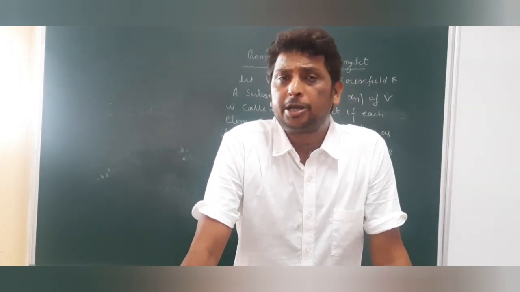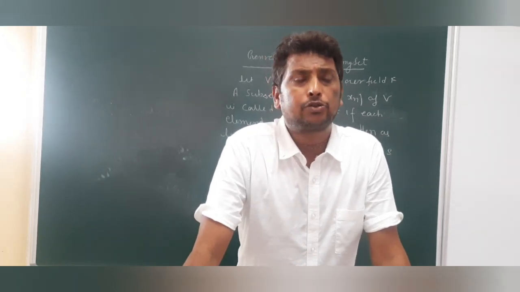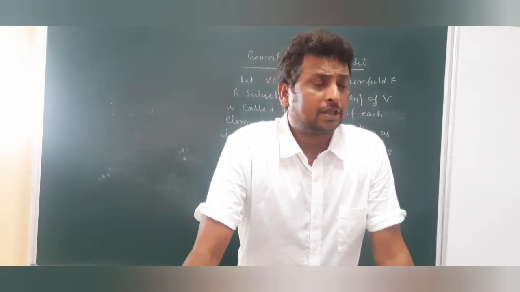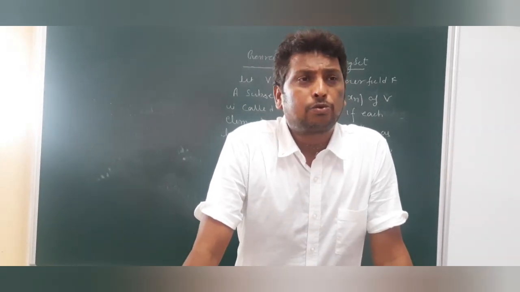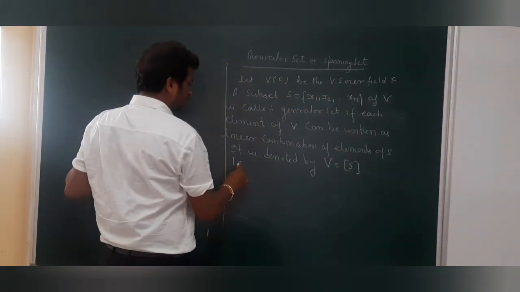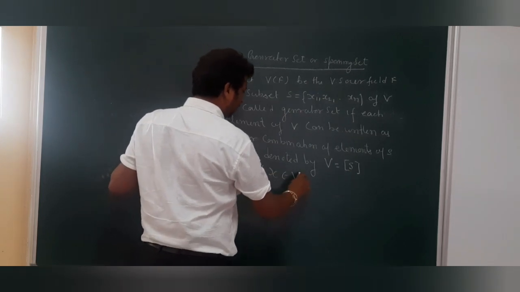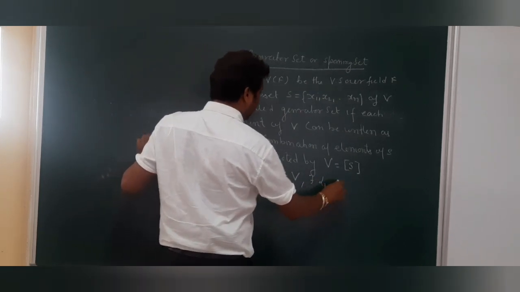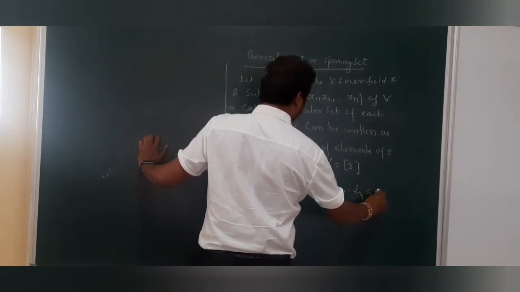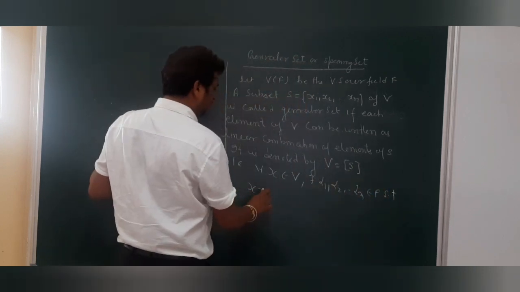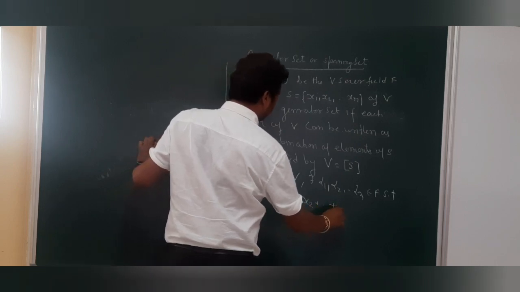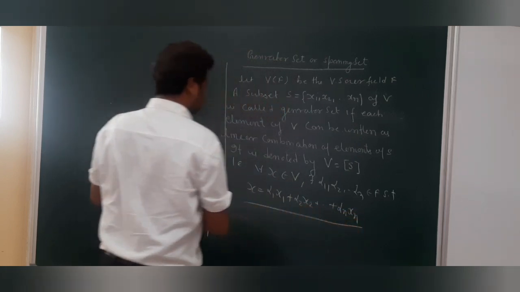All same like linearly dependent and independent sets, choose as many scalars as given vectors. So suppose n vectors are given, so choose n scalars. That is, for every x belongs to V, there exist alpha 1, alpha 2, ..., alpha n belongs to F such that x can be written as alpha 1 x1 plus alpha 2 x2 plus ... plus alpha n xn.